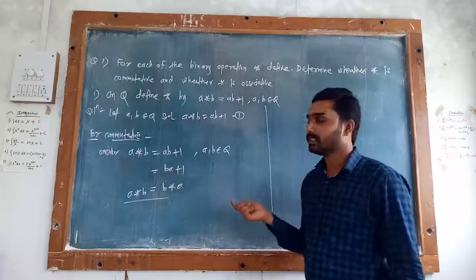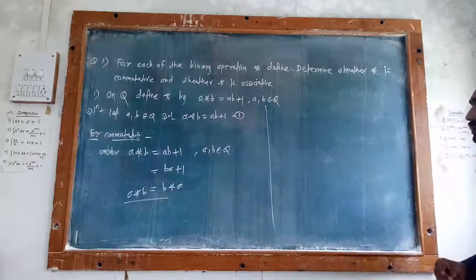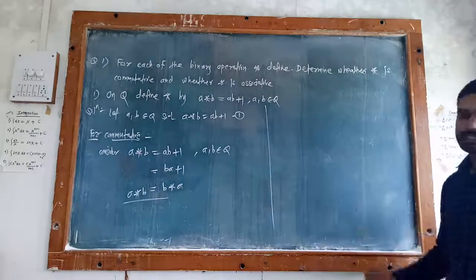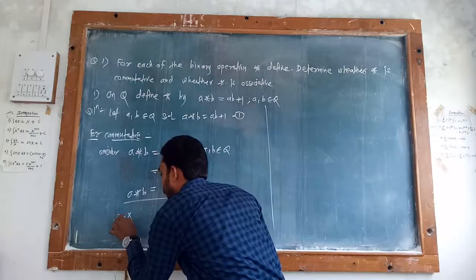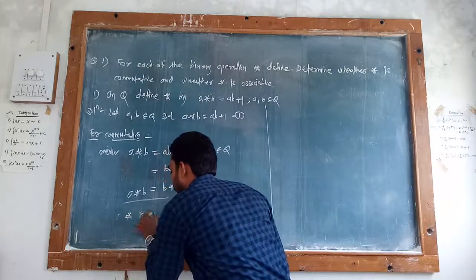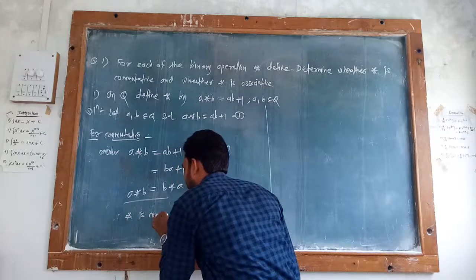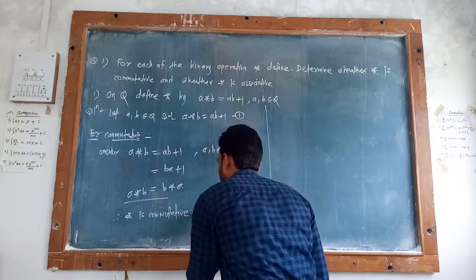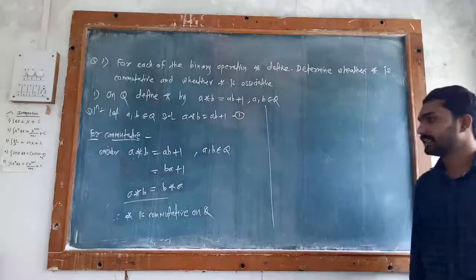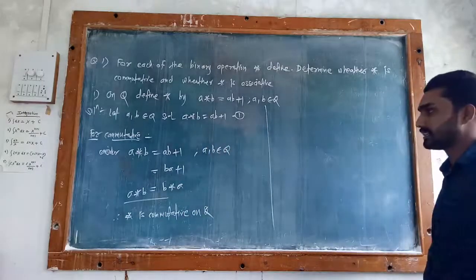That is BA plus 1. So we get A star B equals B star A. Therefore star is commutative on Q, the set of rational numbers.